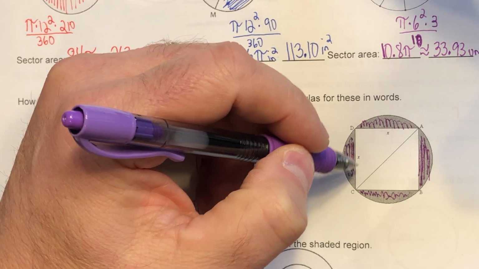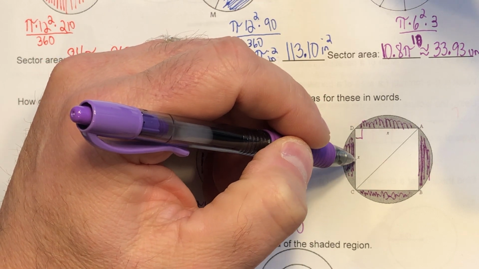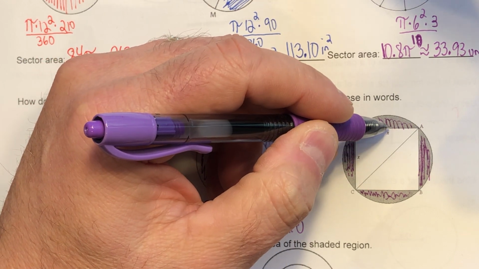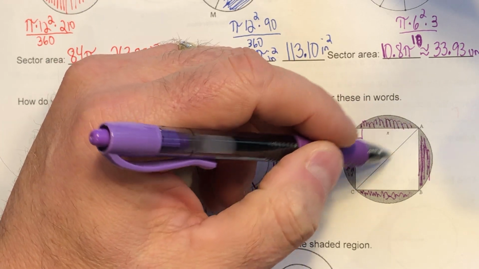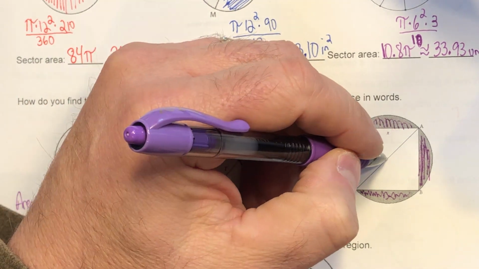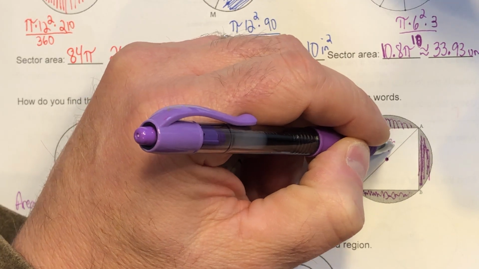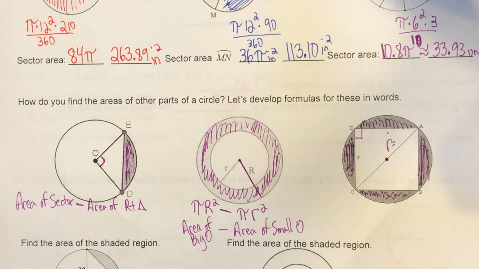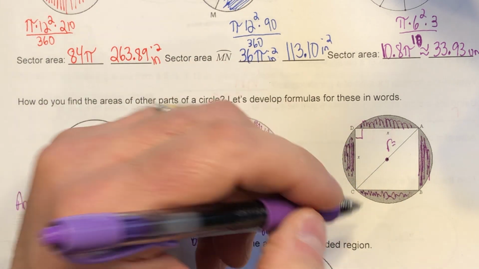Now, if this is a right triangle, then a squared plus b squared equals this squared, right? So we would have to find the radius length, whatever that would be, and we would find the area of the big circle minus the area of the square.